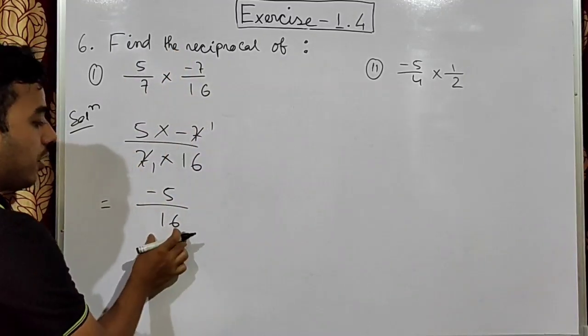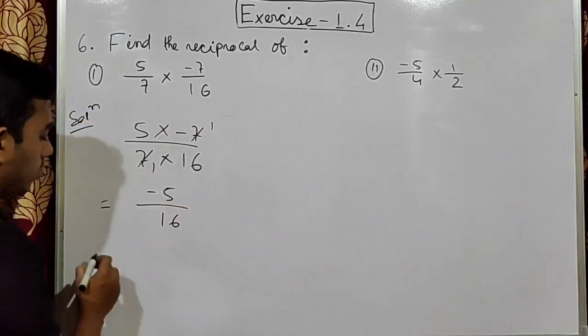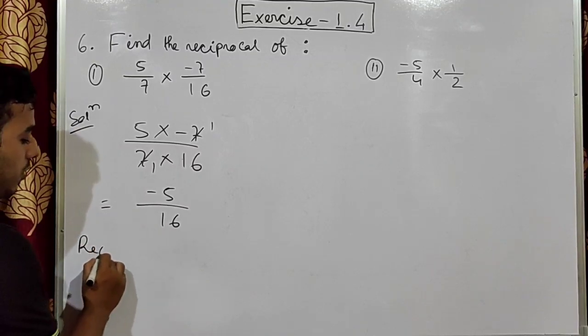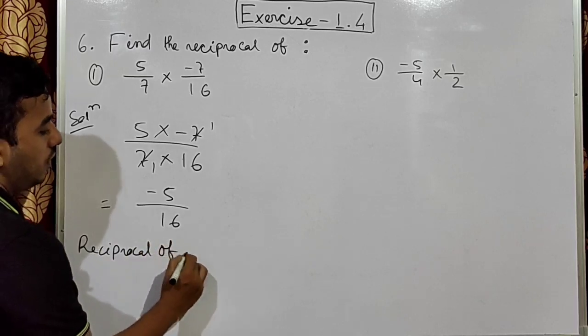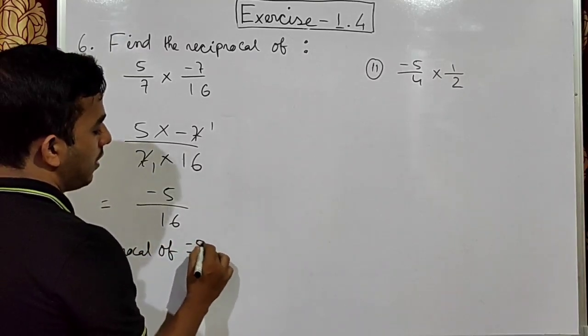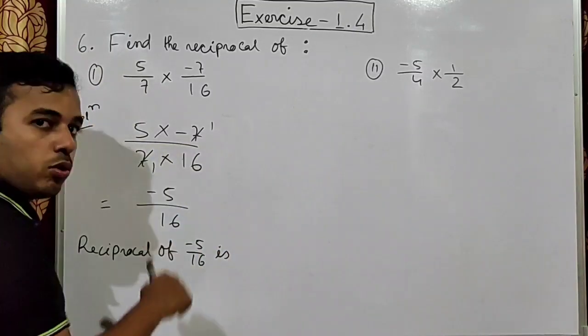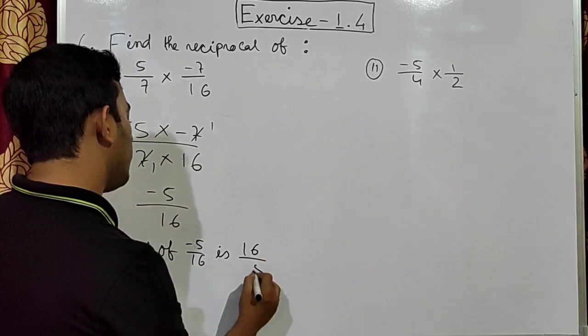So now its reciprocal will be what? So we write therefore reciprocal of minus 5 by 16 is how much? The numerator will go to the denominator and the denominator comes to the numerator, so it will be 16 by 5. Clear?